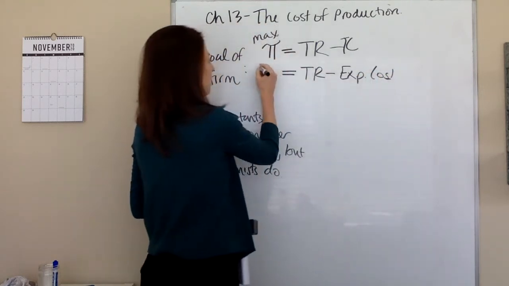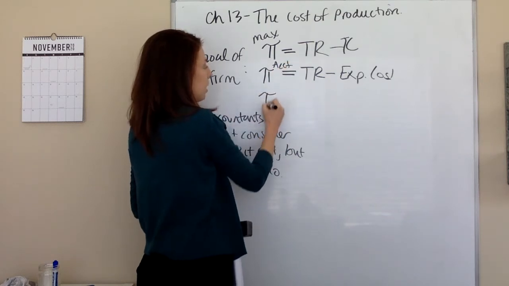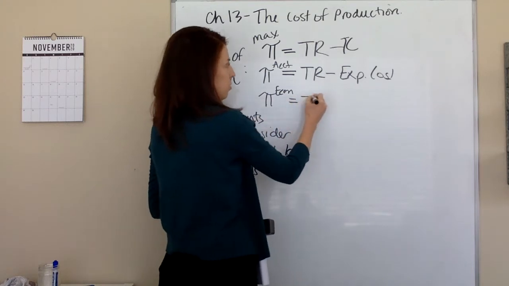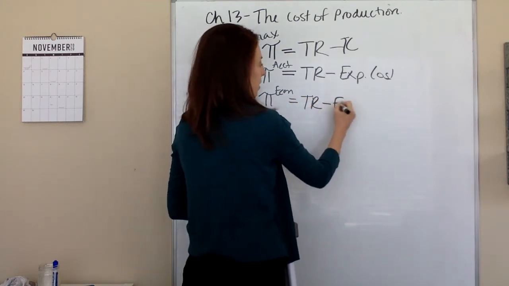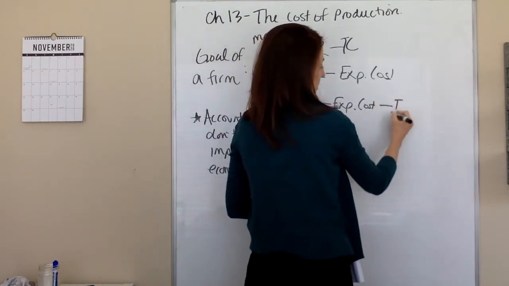So this would be accounting profit. An economist would say profit is total revenue minus explicit costs minus implicit costs.